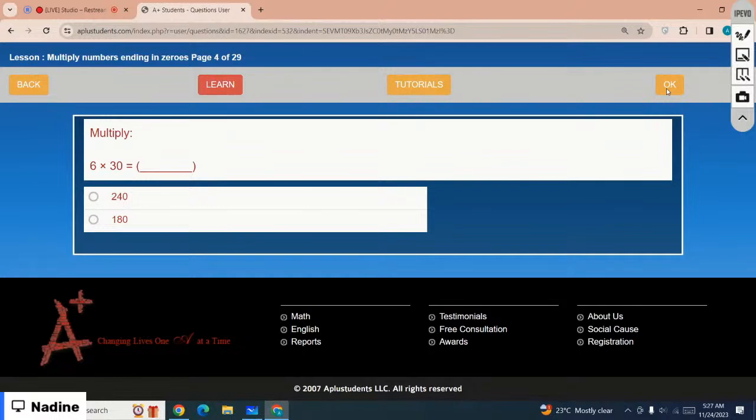Okay, multiply 30 times 6. 30 times 6 equals, 6 times 3 equals, yes, that is 18, right? So option number 2 is the correct option.